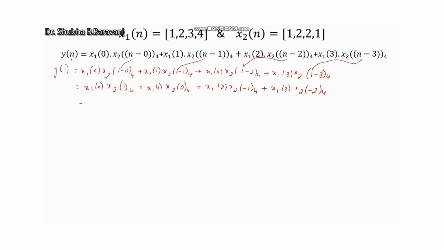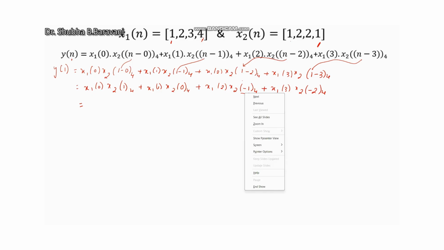We'll go on substituting the samples which are available. Since x1 of n starts from 0 and ends at 3, and x2 of n starts from 0 and ends at 3, I don't have the left-hand sequence.